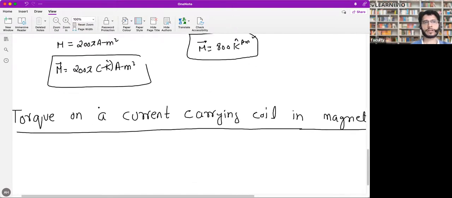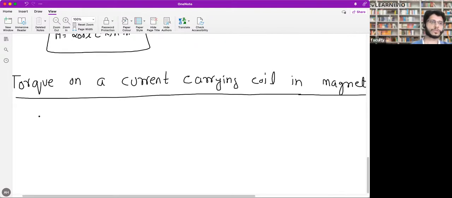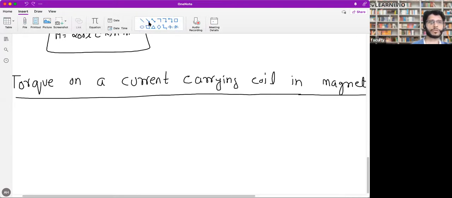So torque on a current carrying coil in a magnetic field now. So you have a coil. Let's take some rectangular coil.